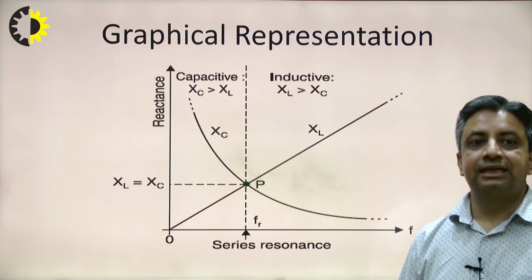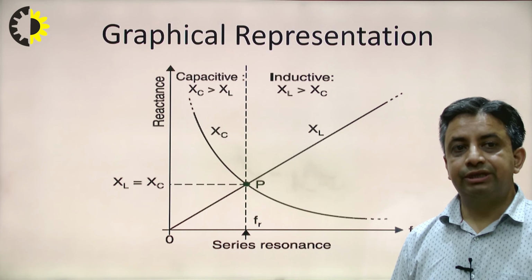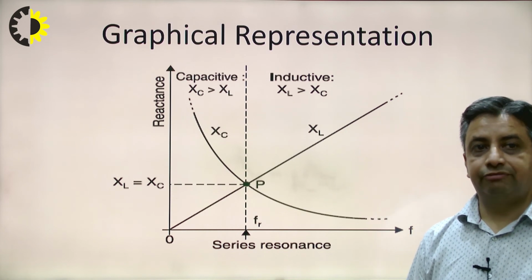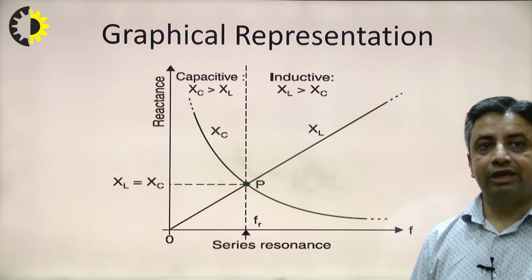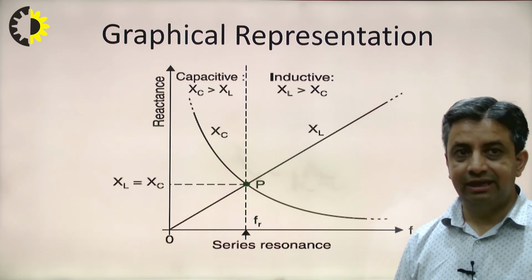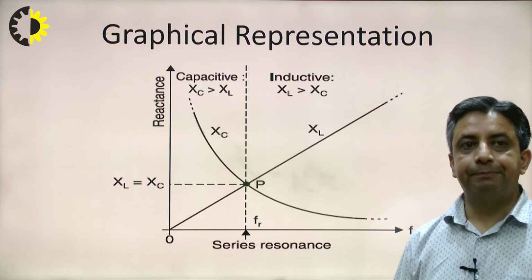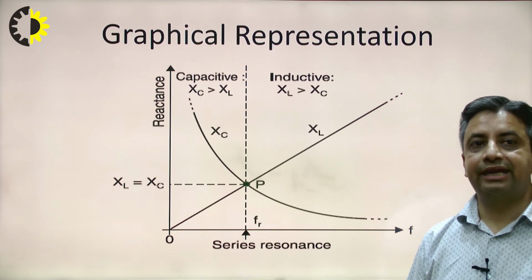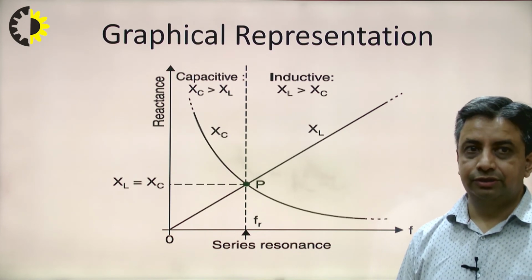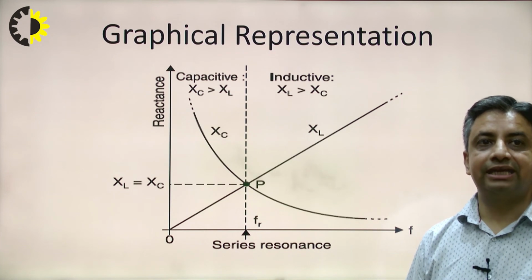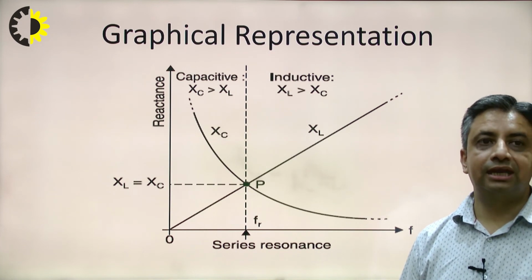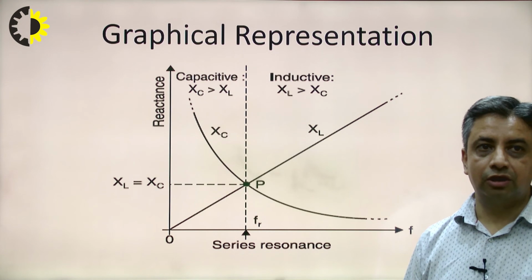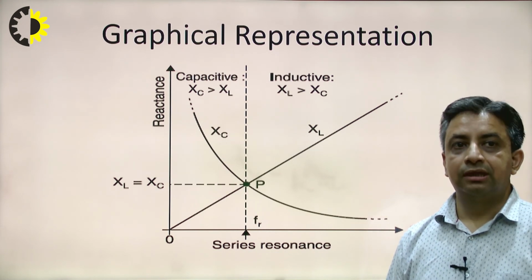After this, when the frequency becomes greater than the resonant frequency, the value of XL will be more than the value of XC. So the net reactance will be positive and the circuit will behave as an inductive circuit. These are the three situations in series resonance.